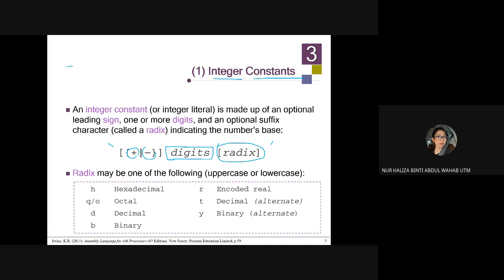Let's say you have positive 73 decimal. So this is your radix. Or maybe decimal like this. Sorry, the decimal is T.